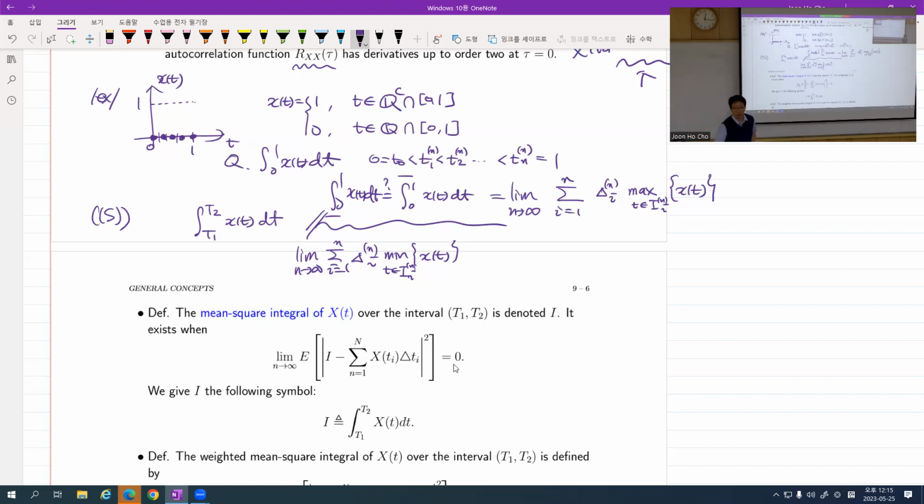That is called the denseness of rational numbers, right? So the lower Riemann integral is 0 for this function, and the upper Riemann integral is 1. Now they are different. What can you say? The Riemann integral does not exist.